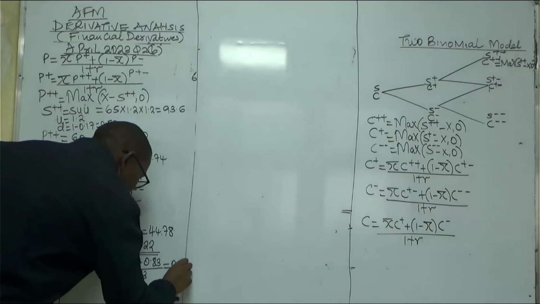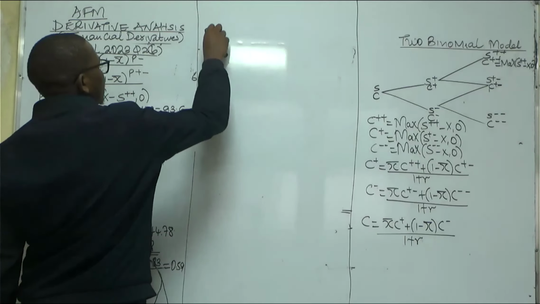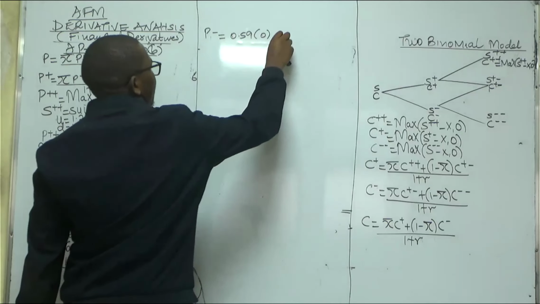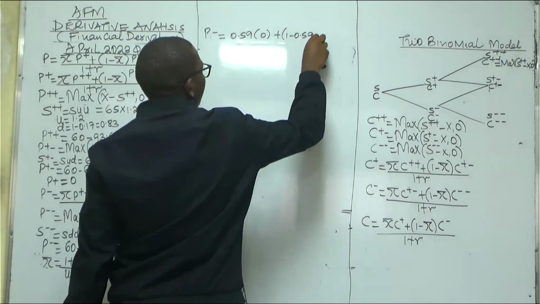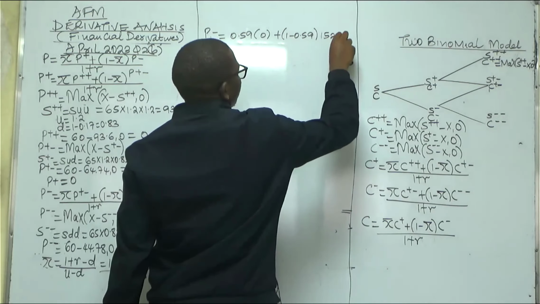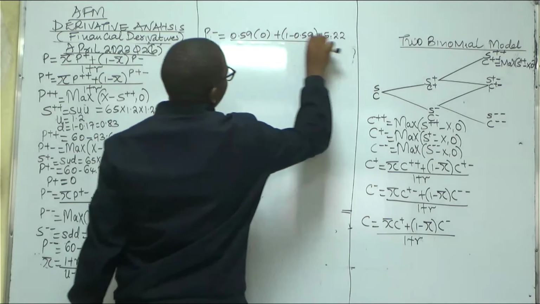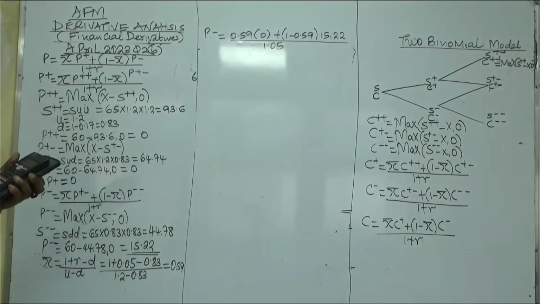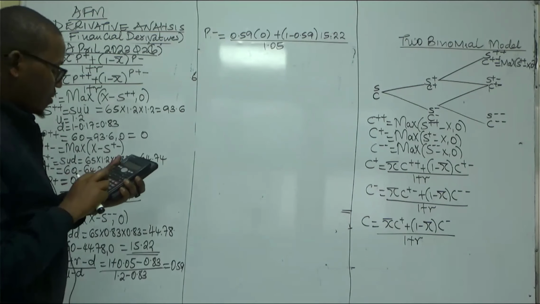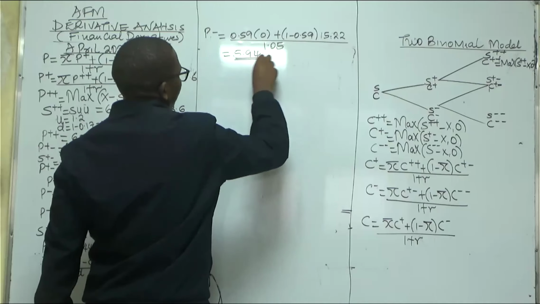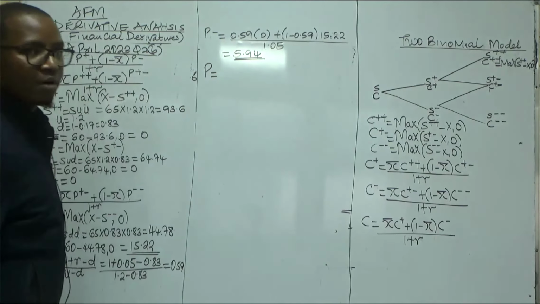So our P minus will be 0.59 times 0, plus 1 minus 0.59 times P minus minus, which is 15.22, divided by 1.05. I'm getting 5.9094.